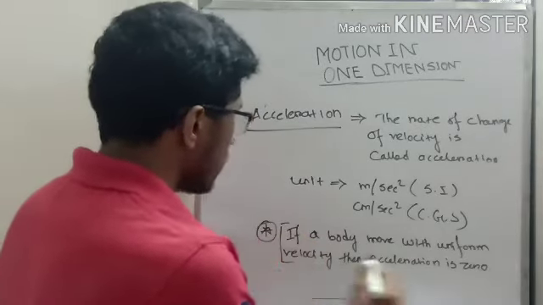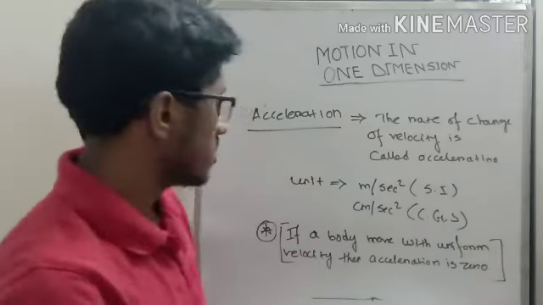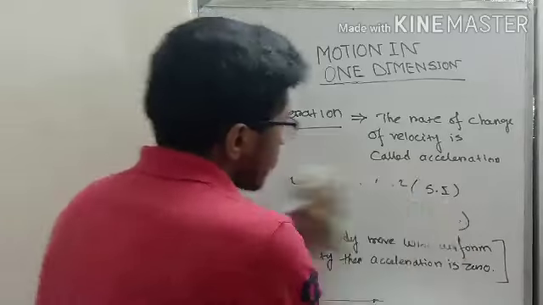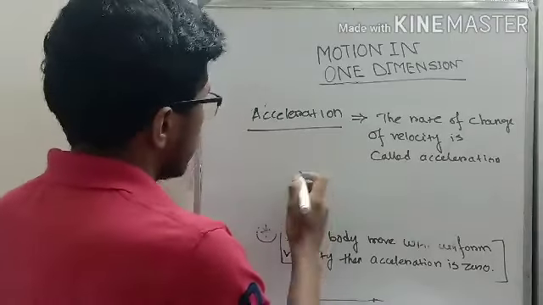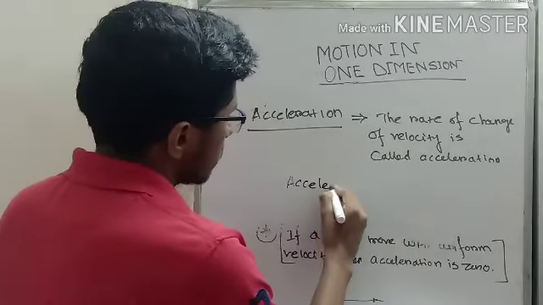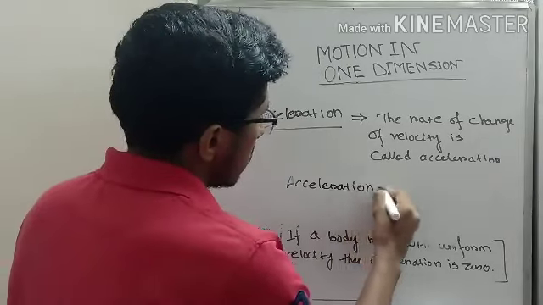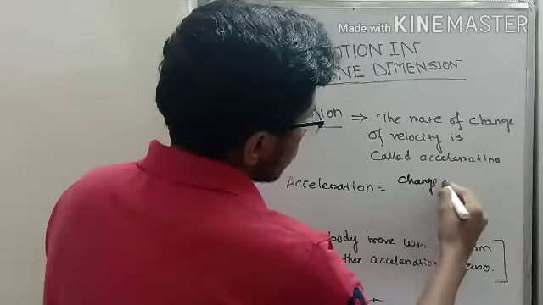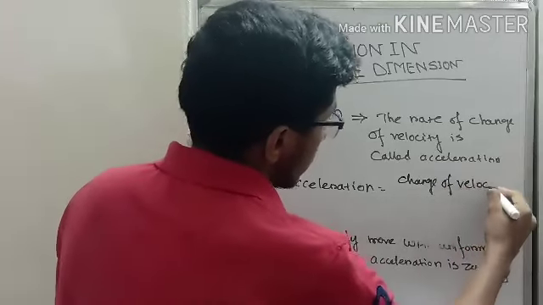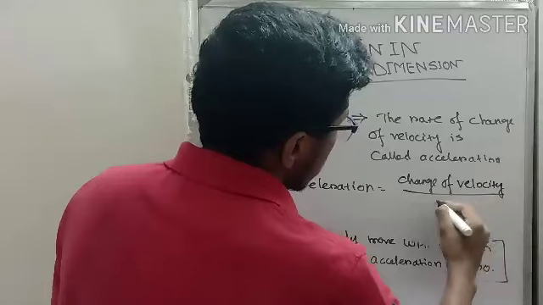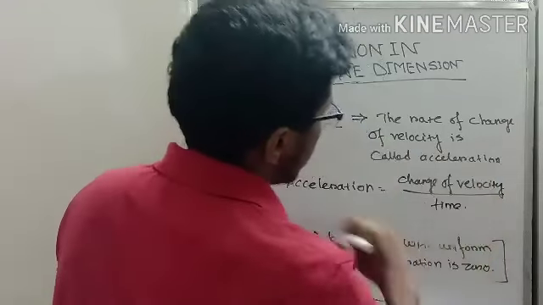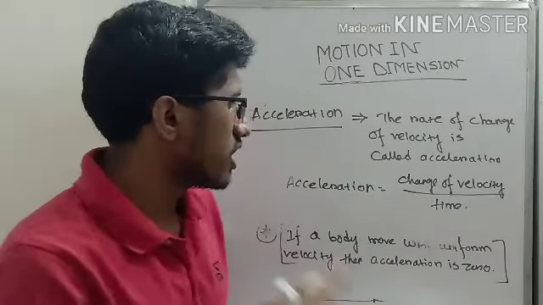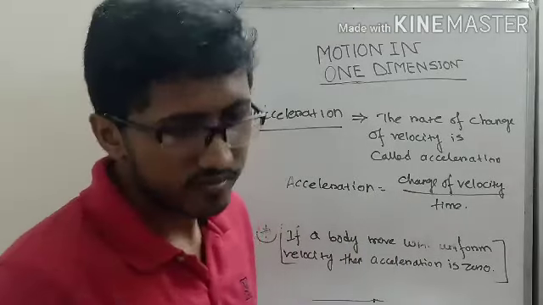Now we can express acceleration as the ratio of the change of velocity by time. Acceleration equals the ratio of the change of velocity and time.